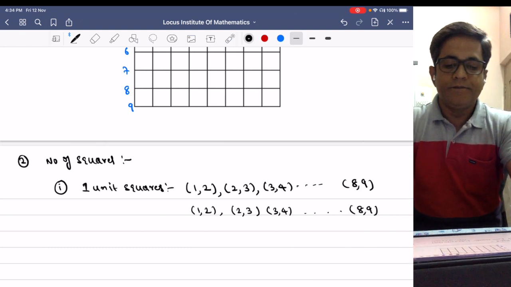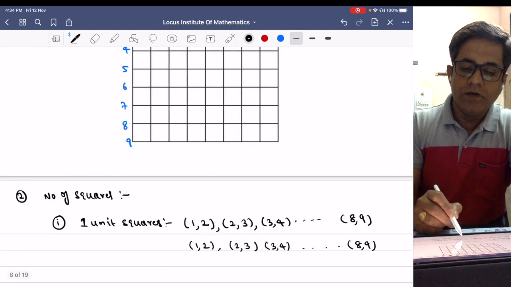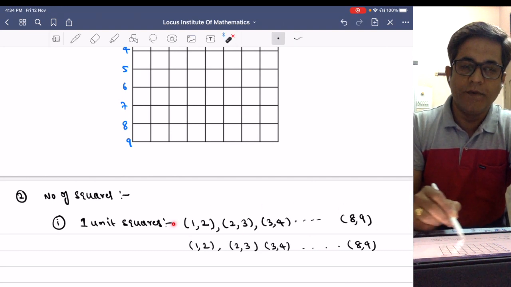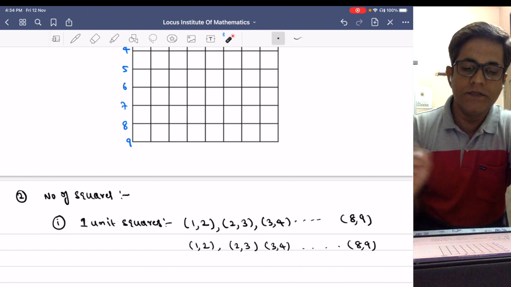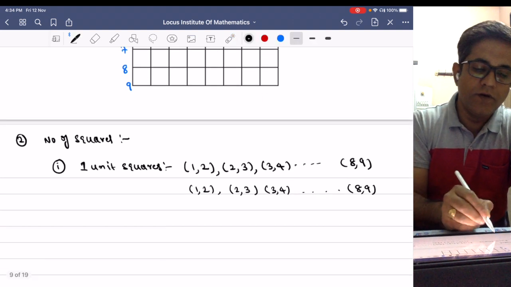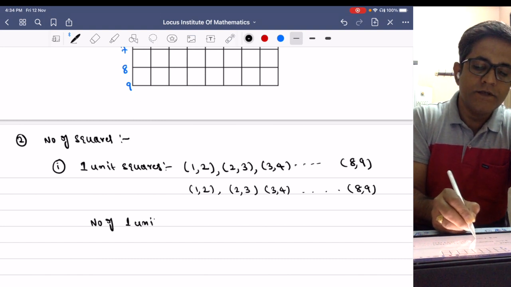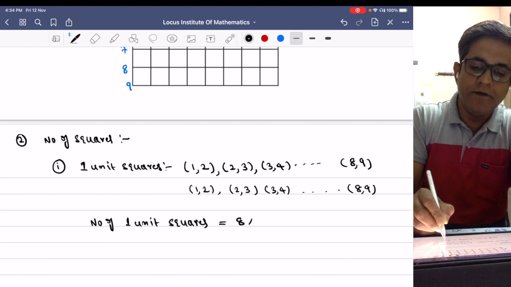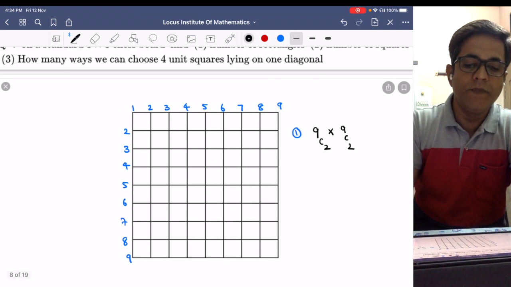So here the total number of unit squares equals the number of ways of selecting one ordered pair from these 8 ordered pairs into the number of ways of selecting one ordered pair from these 8 ordered pairs, that is 8 into 8, that is 64. Therefore the number of 1 unit squares is 8 into 8, that is 8 square. So 8 square unit squares will be there.